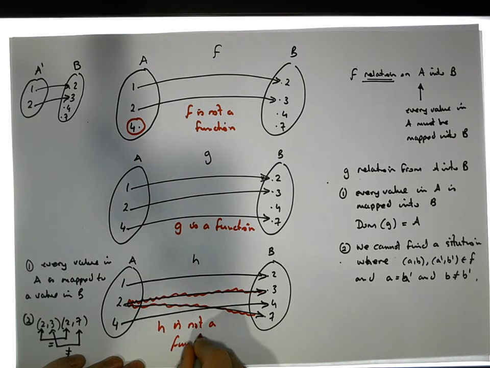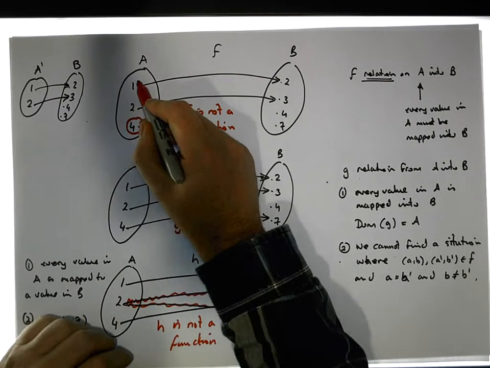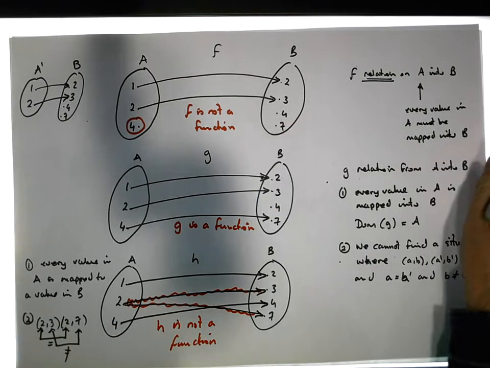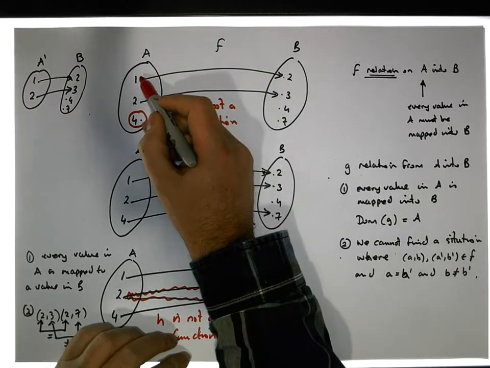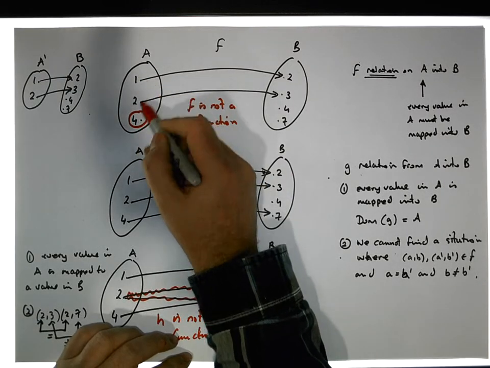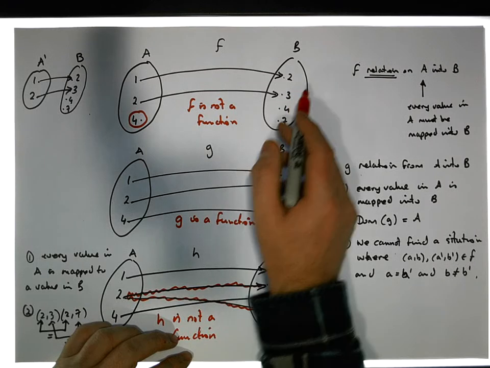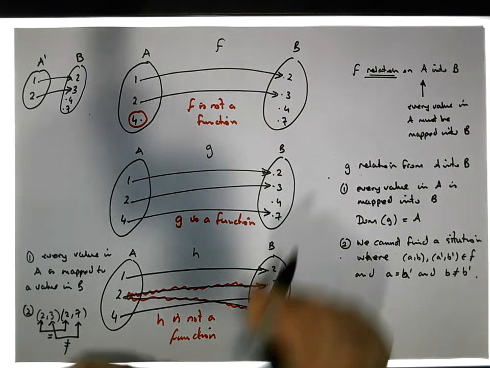Just something else to keep in mind: the values that are actually mapped from one set into another set, we call the domain. If you want to construct a function, all you have to do to calculate its domain is take the values that are actually mapped. They're mapped into specific values over here. The whole set that they could go into is what's known as the codomain.